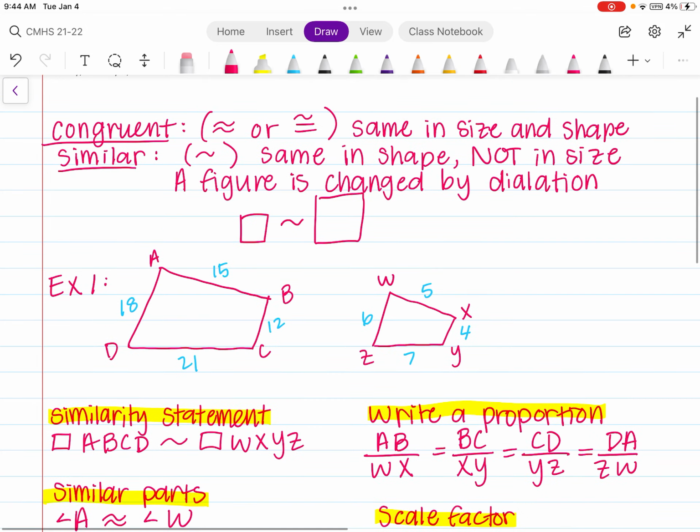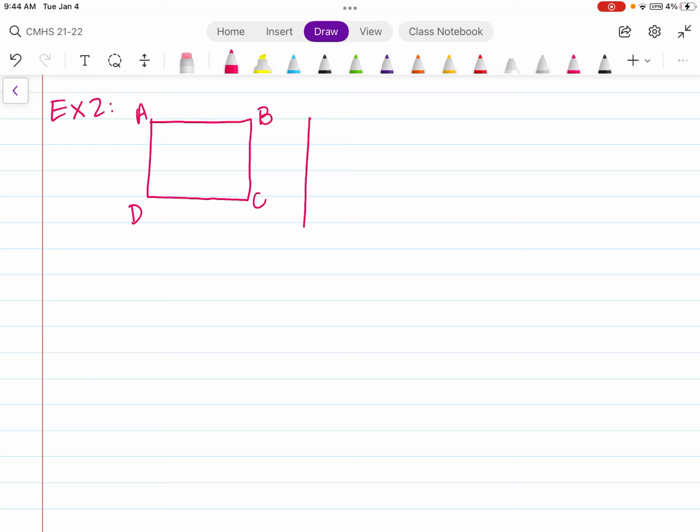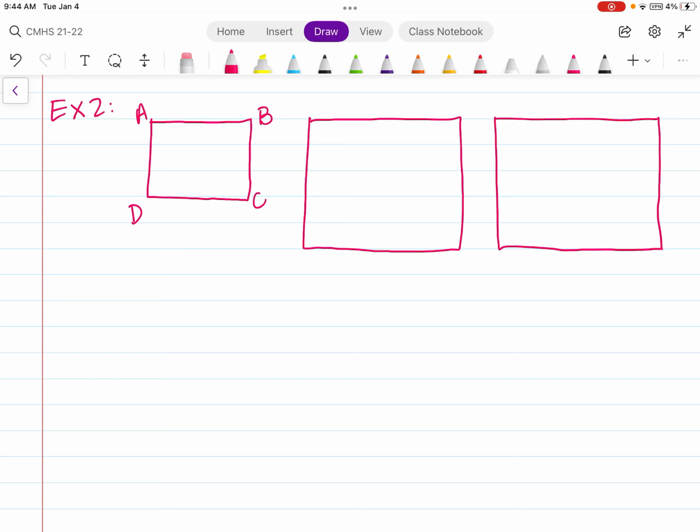This is example 2, right? Yeah, okay. All right, so here we have a nice, lovely rectangle, A, B, C, D. And we're going to have 2 bigger rectangles.